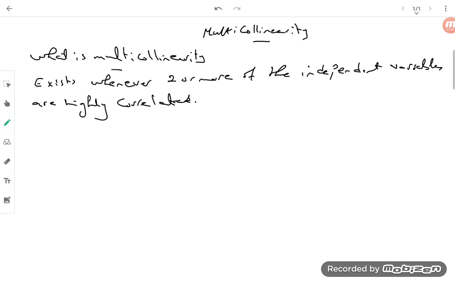When two or more of the independent variables are highly correlated.